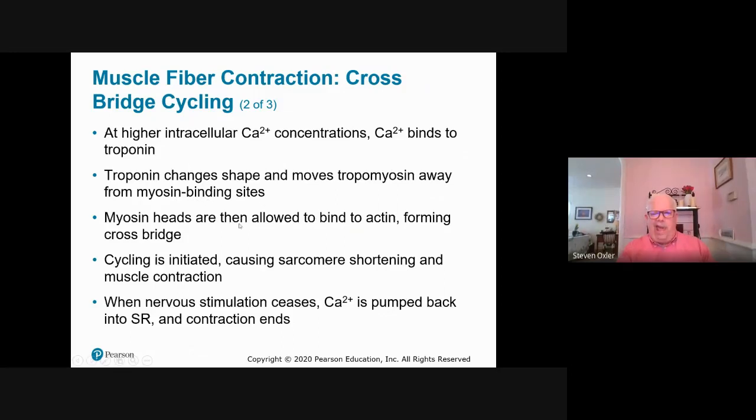The myosin heads are allowed to bind, forming a cross bridge. Cycling is initiated, causing the sarcomere to shorten, and then you will have muscle contraction. When the nervous stimulation ceases, calcium goes back into the sarcoplasmic reticulum and contraction ends.